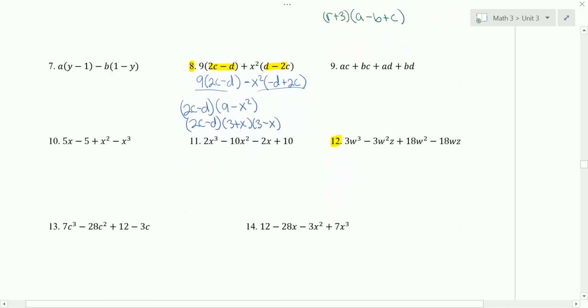Number 12, the first two terms. If you have four terms, you try factoring by grouping, and that's what I'm doing. I'm looking at the first two terms. I can factor a 3w squared out, and I'm left with w minus z. Look at the last two terms, and I could factor out an 18w, and I'm left with a w minus z.